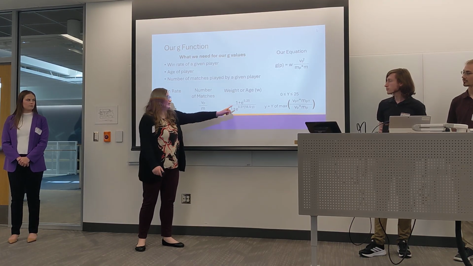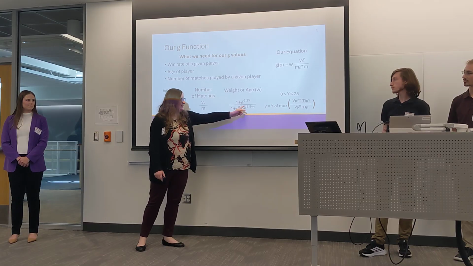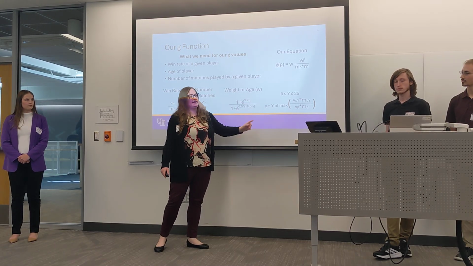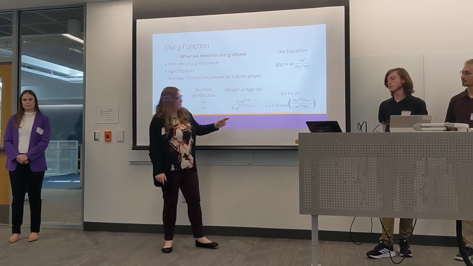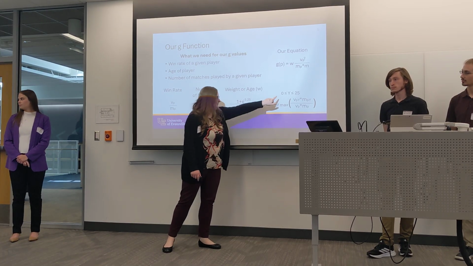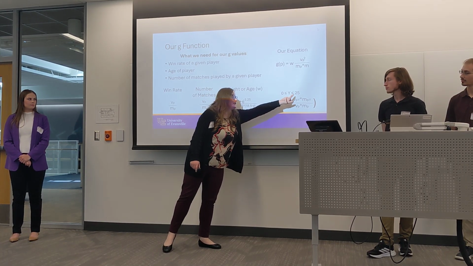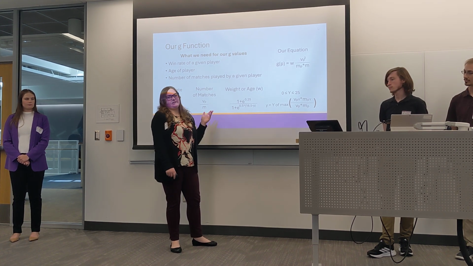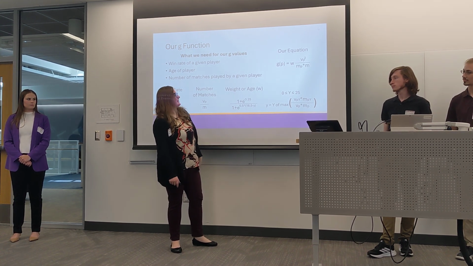It's this equation, and then it's to the power of 18.5 minus y. And y in this scenario is pretty much when the player was playing between 2000 and 2025. For example, when y is equal to 1, that means they played in 2001.